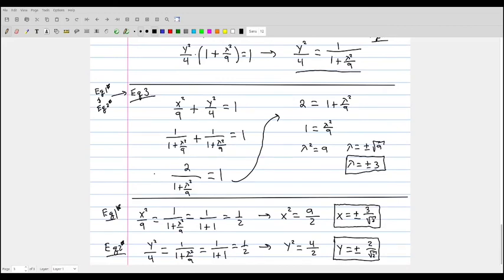Both for the points, the x and y values that are the max and the min on the constraint curve, and also for the Lagrange multiplier, which is in some sense a constant of proportionality between the gradient vector at a point and the gradient of the constraint at a point.